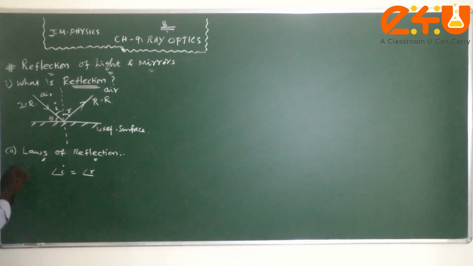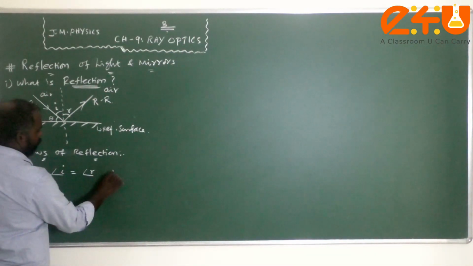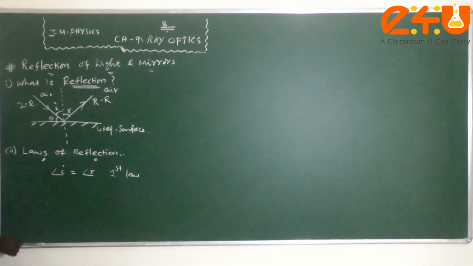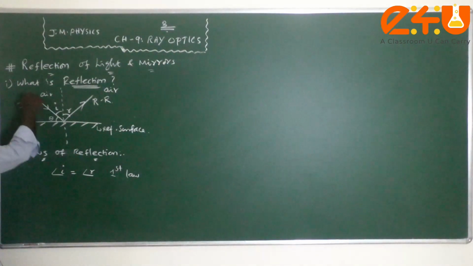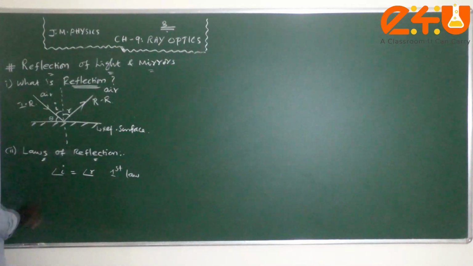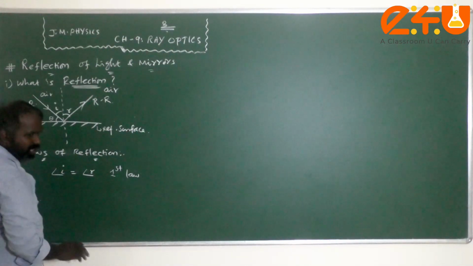So the first law says the angle of incidence is equal to the angle of reflection. And the second law, what does it say? The incident ray, the reflected ray and the normal drawn at the point of contact, which is called the point of incidence, all lie in the same plane.